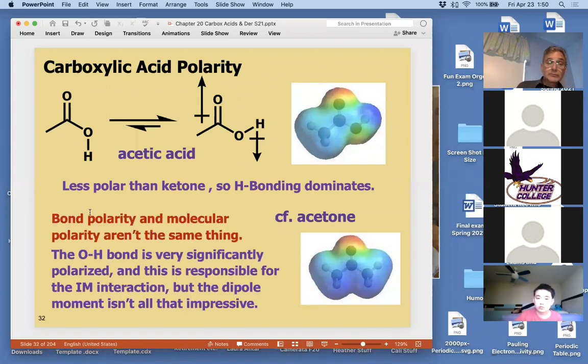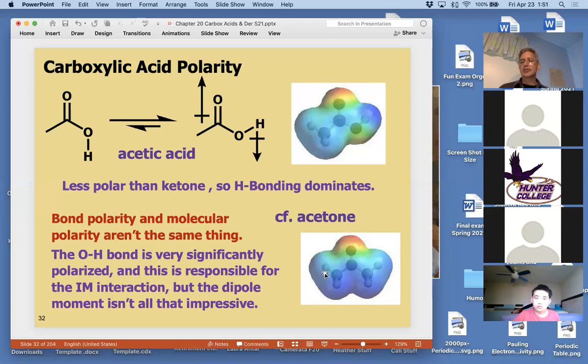Bond polarity and molecular polarity are not the same thing. That should be clear. The OH bond is very polarized. Look at that blue out there. That blue is just waiting to hydrogen bond to an area that's red in a different molecule. The intermolecular interaction between carboxylic acids depends mostly on hydrogen bonding, but that doesn't mean that they have a larger dipole.